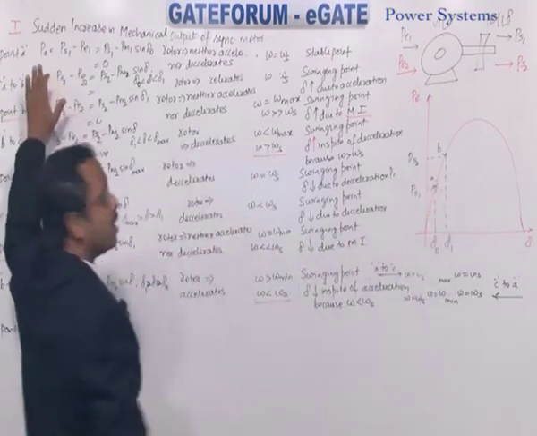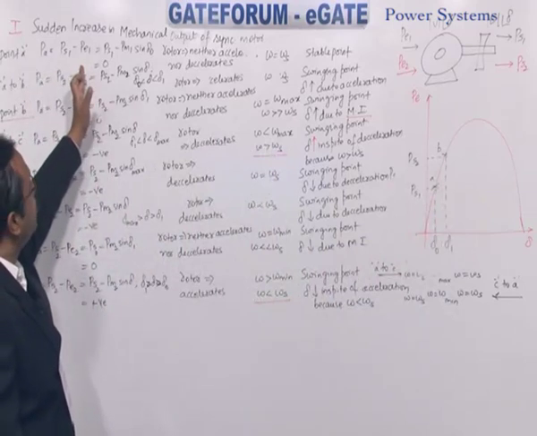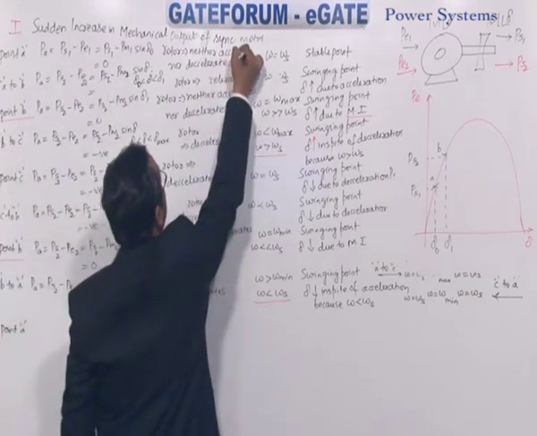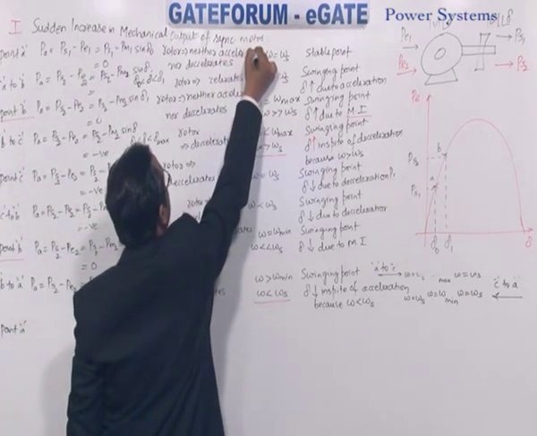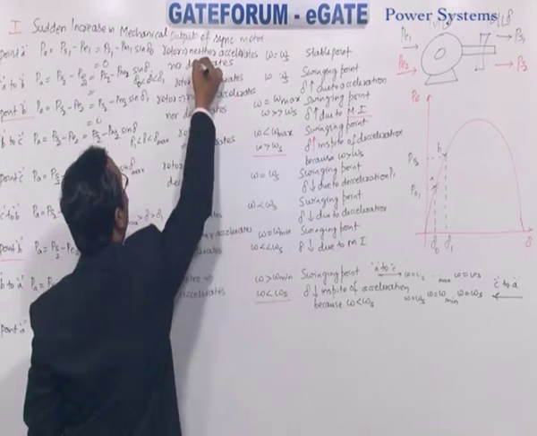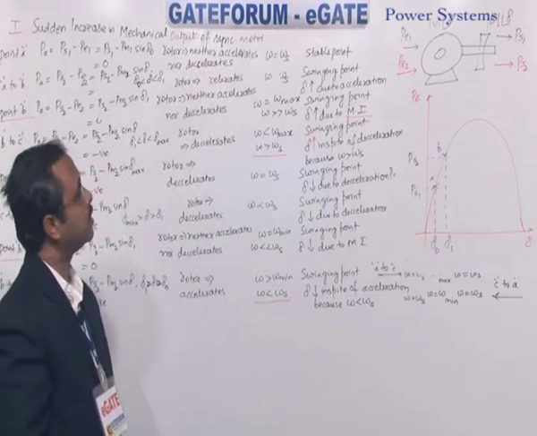So what is PA? PS1 minus PE1. Both are equal, PA is 0. So what about the rotor? Neither accelerates nor decelerates, so omega equals omega s. This indicates a stable point.